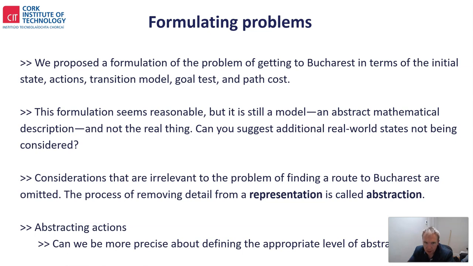Like the type of car you're traveling in, passengers, what you do on the way, weather conditions, stopping for food, etc. The problem becomes unbelievably complex because the world is difficult to model with that level of detail.